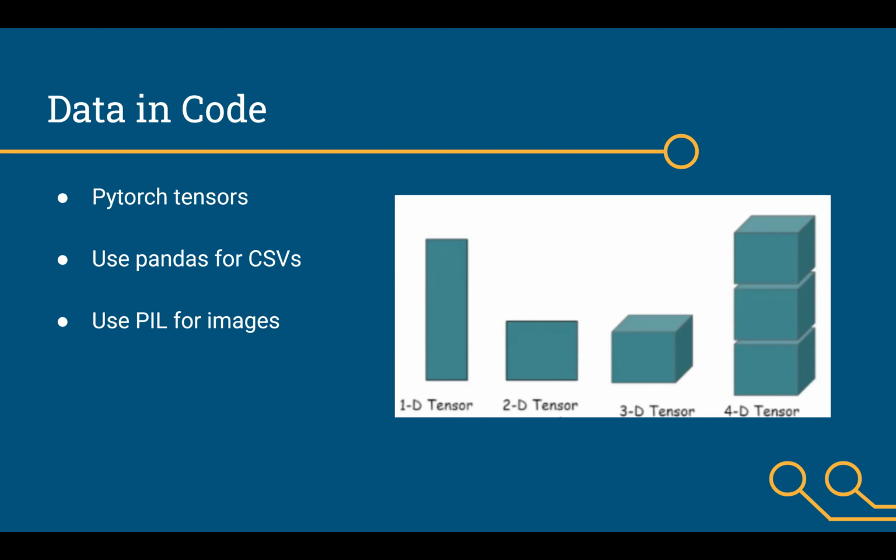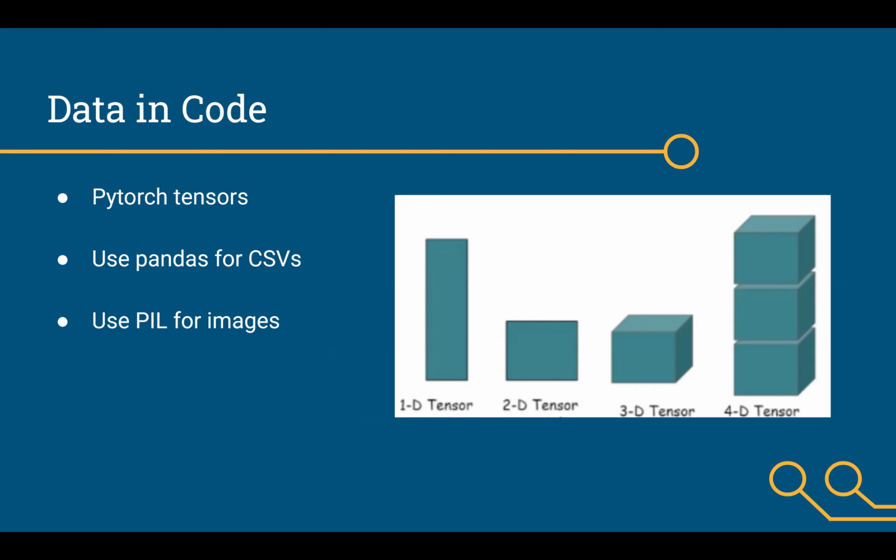Well, you can use pandas to read CSV files. And CSV files are like your sheets basically. If you have a sheet of data where it's like all the numbers in and the numbers out. If you're using images, then you need to read the image file. And for that, I would recommend PIL, which is Python Image Library, or it's also called Pillow. And both of those will be able to read either CSV files or image files respectively.